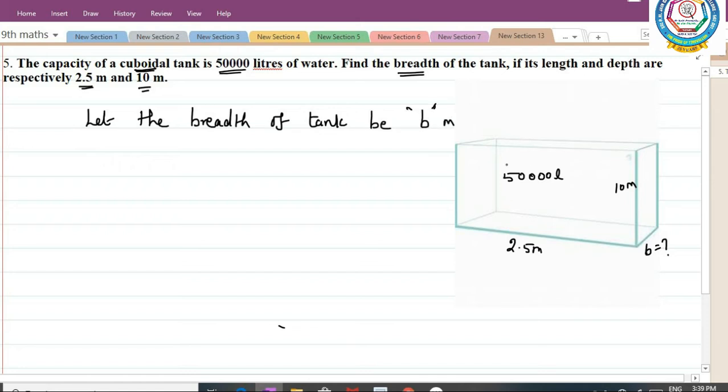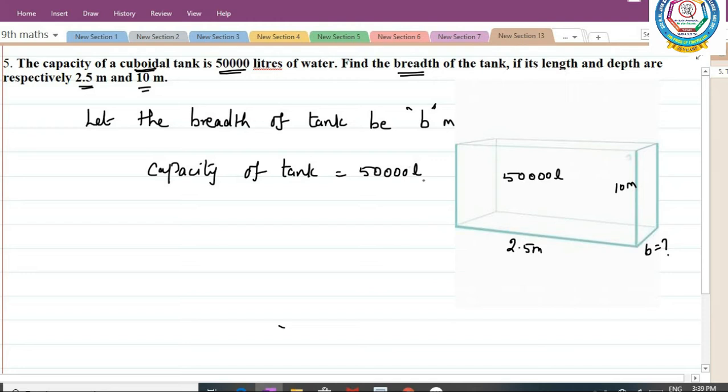But the capacity of the tank is given in liters, so we write capacity of tank equal to 50,000 liters.